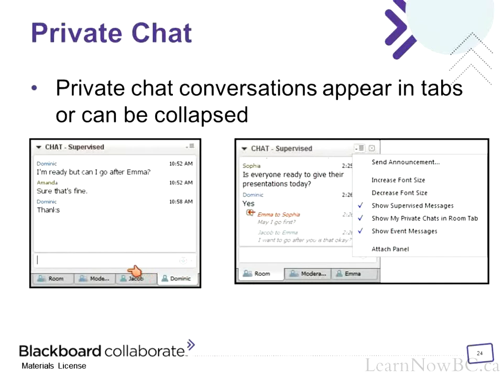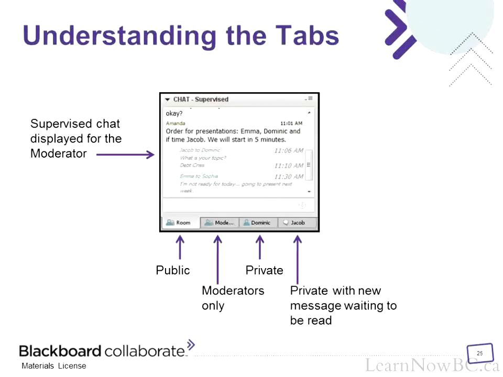You're probably noticing that you have all of these tabs now, and you might be thinking, whoa, how am I going to manage all of these different tabs? Well, let me just show you. As a moderator, you should explain to your students that they need to stay on the Room tab at all times.